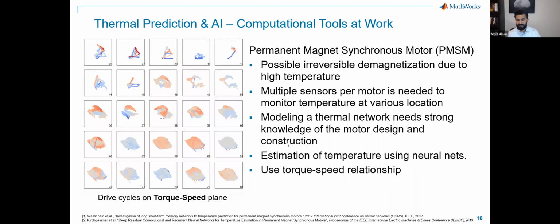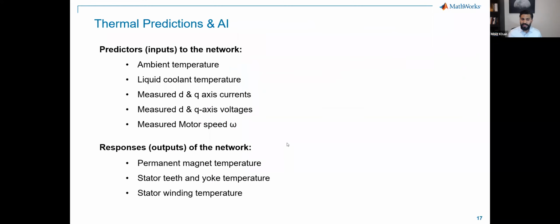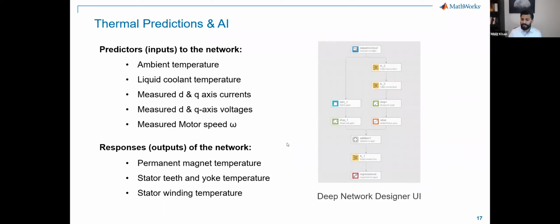So there's other techniques that you can use with deep learning, with using just neural nets. So you can create relationships with torque and speed, which are two obvious measures of motors that can be easily calculated. And then you can collect previous data from the performance of similar systems that have been used in the past to train a model. So in this type of example, we use ambient temperature, the liquid coolant temperature, several other current, voltage, speed of the motor in your training models. And then you can use a deep network designer to build a model that can fit the needs of your problem.